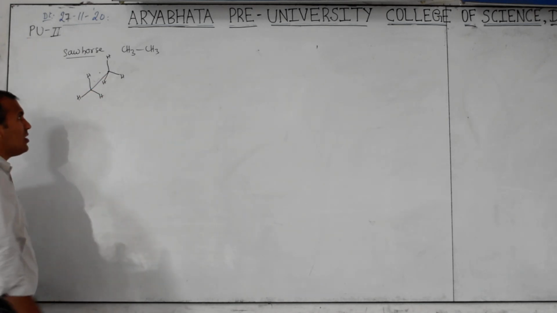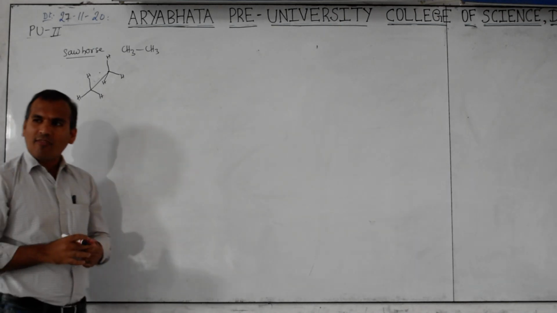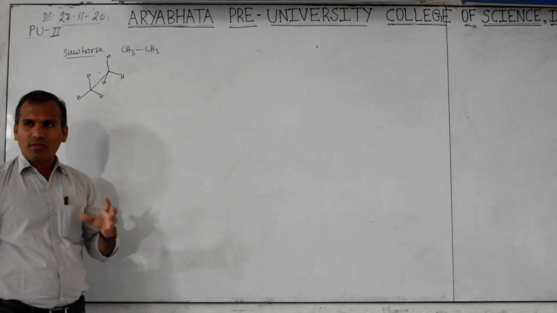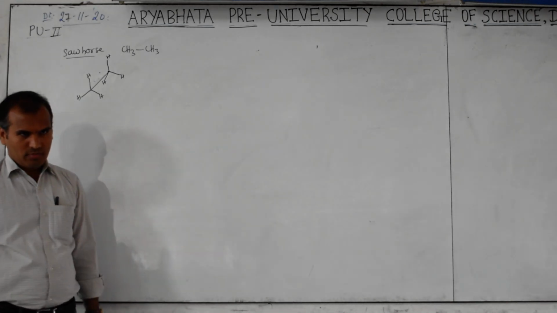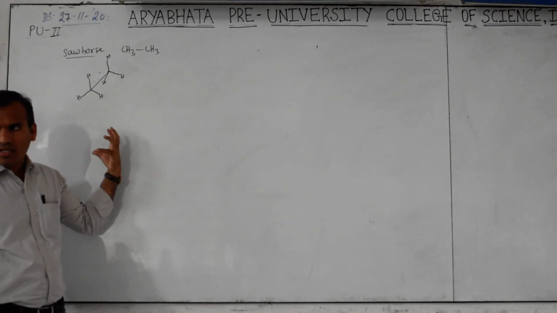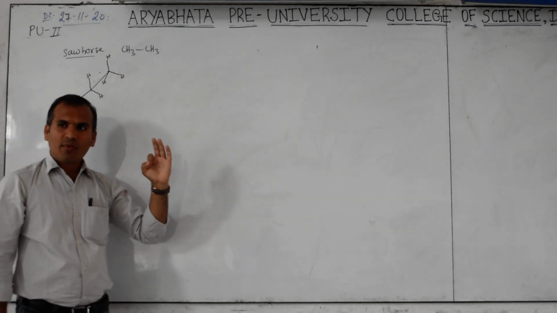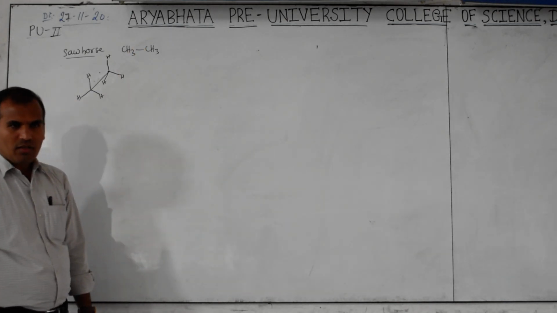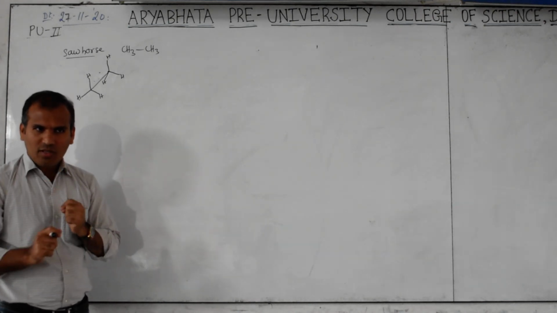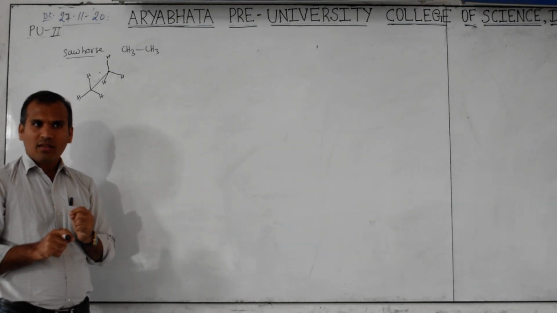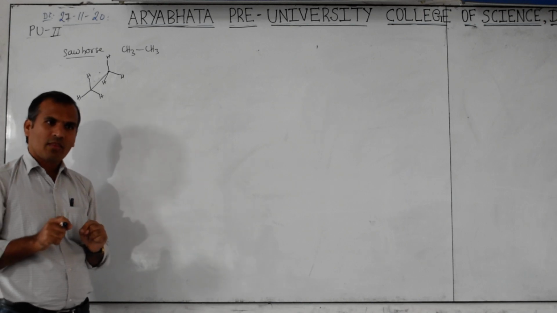Now, how to identify whether this is an eclipsed form or staggered form? Because in examination they will give: which of the following structures is eclipsed in Sawhorse projection. Now, is this structure of ethane an eclipsed form or staggered form? First, you should know what eclipsed is. Eclipsed means the angle should be 0. And staggered means what? 180 or 60?